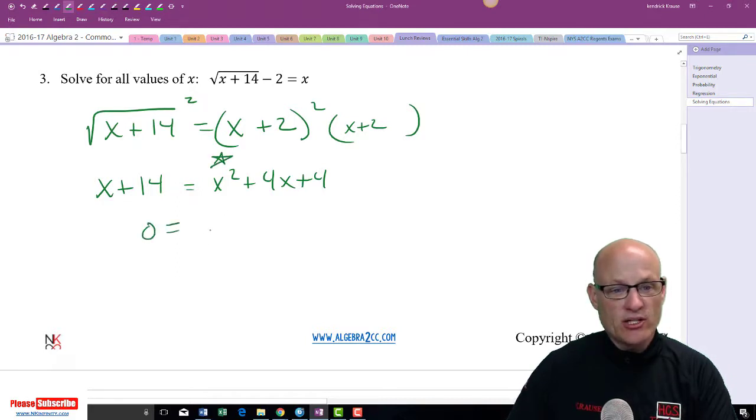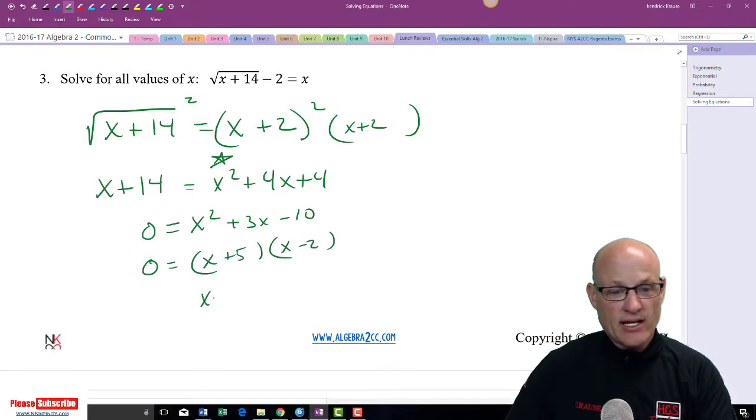I get 0 equals x squared plus 3x minus 10. The factoring is pretty simple. x plus 5, x minus 2, and I get x equals negative 5, and x equals 2.